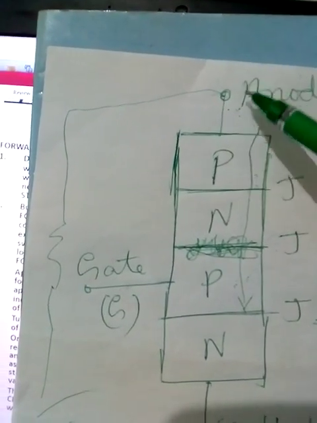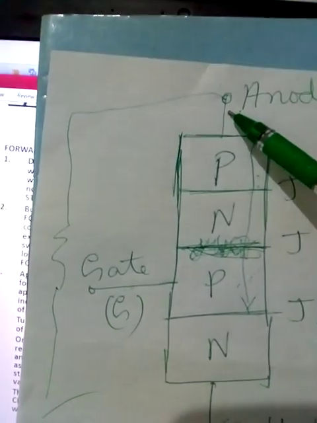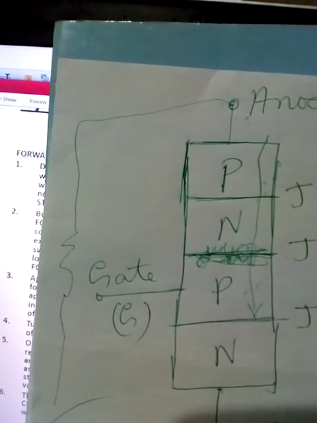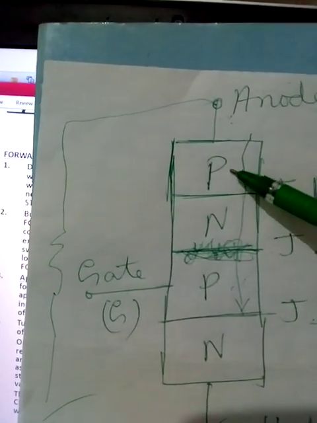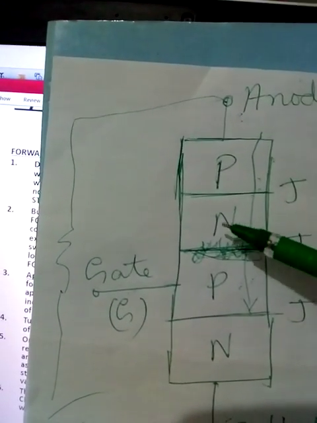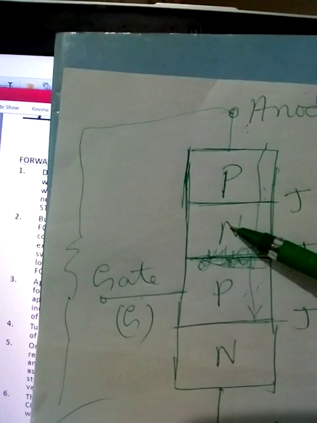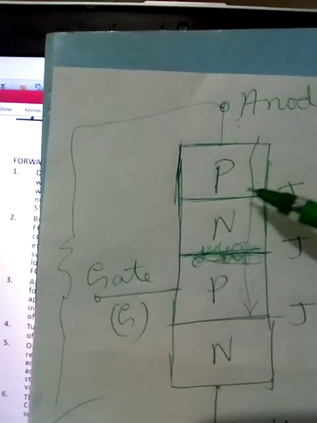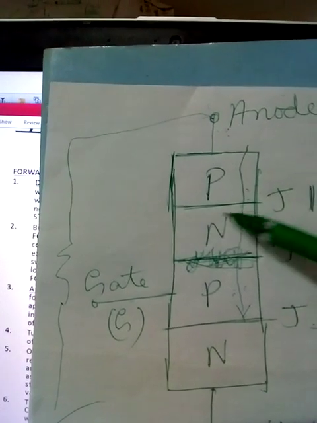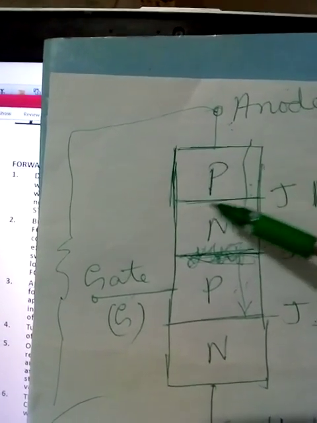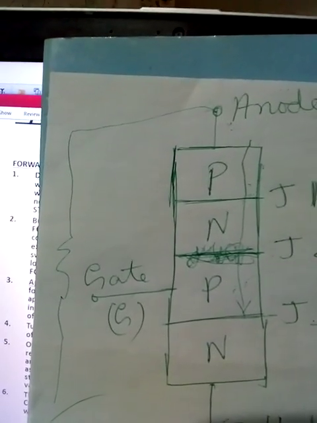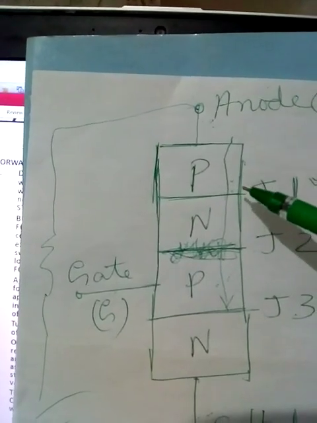P is connected to anode positive, N is towards negative side, so the first layer gets positive, the second layer, N layer, gets negative, so junction J1 is forward biased, hence does not oppose any voltage. It is ready for breakdown or conduction.